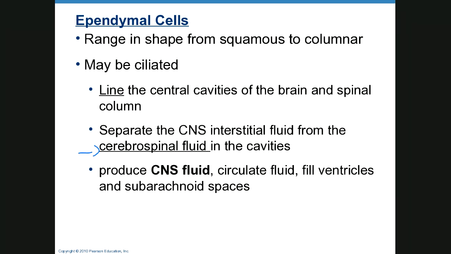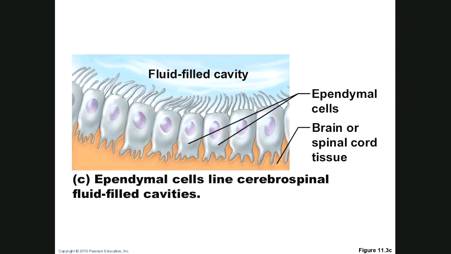They separate the central nervous system interstitial fluid from the cerebral spinal fluid, and they produce and circulate the cerebral spinal fluid. It fills the ventricles, the subarachnoid spaces, as well as the central canal of the spinal cord, as well as the subarachnoid space around the spinal cord. This is just a picture of them.